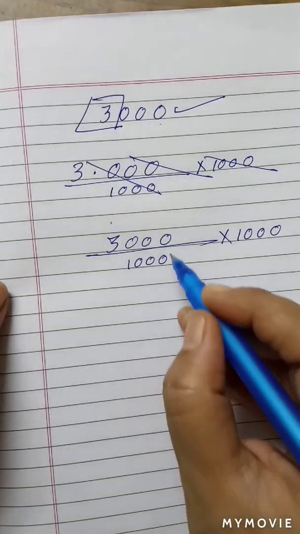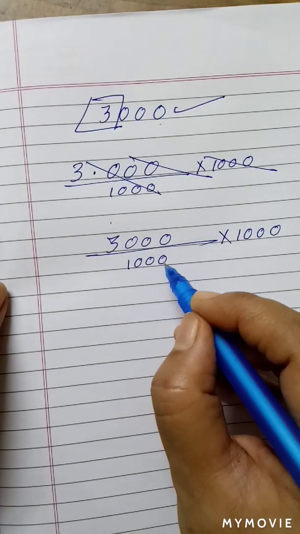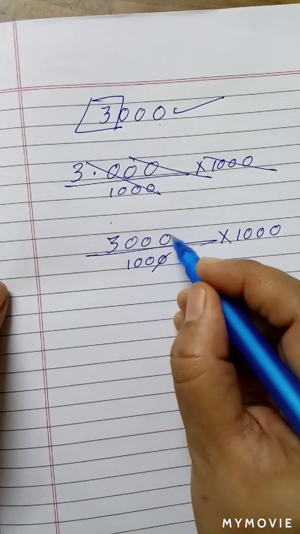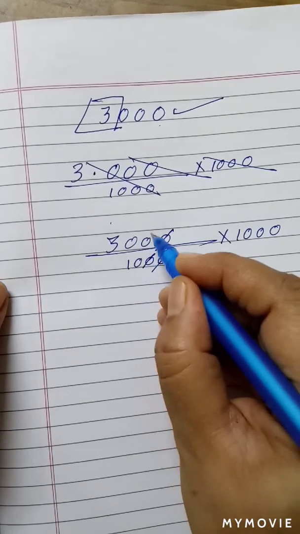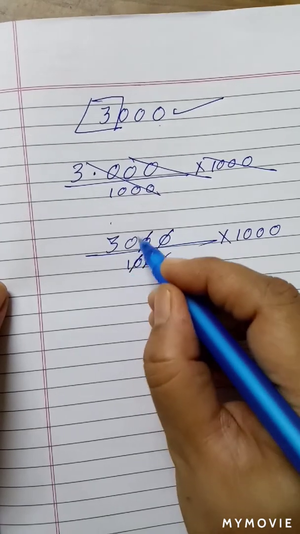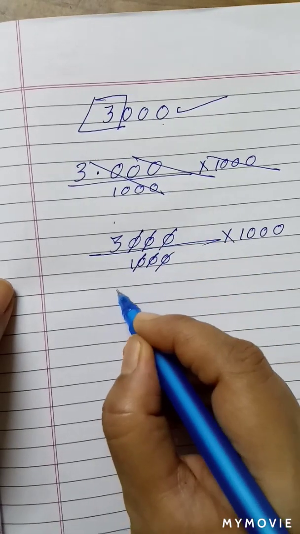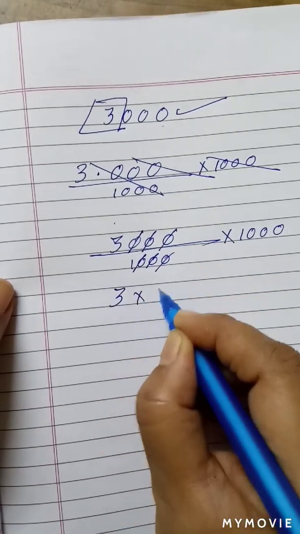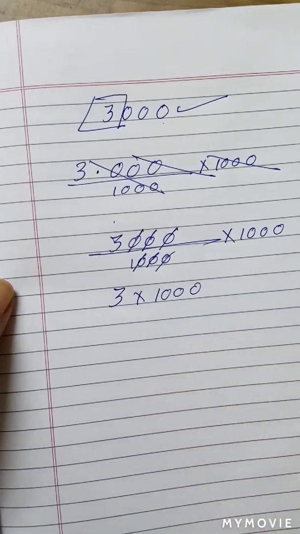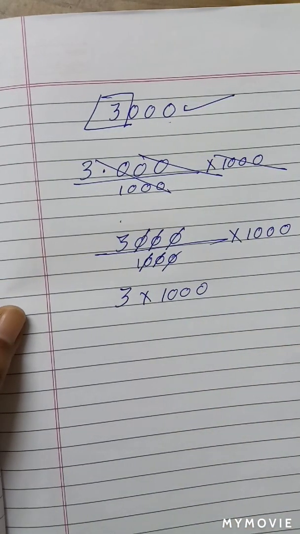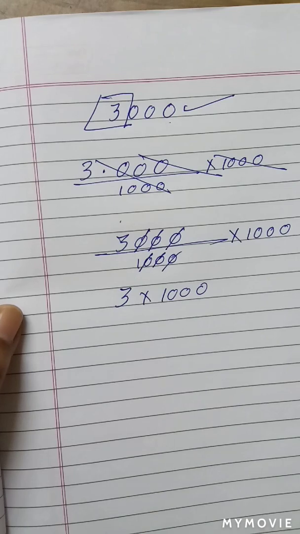Now, because we divided 3000 by 1000, this 0 will cancel out with this 0, and this 0 will cancel out with this 0, and this 0 will cancel out with this 0. So it will remain 3 into 1000. Now you will tell me that we have got the same thing. 3 into 1000 is 3000.